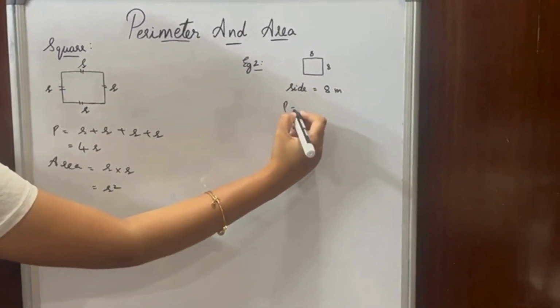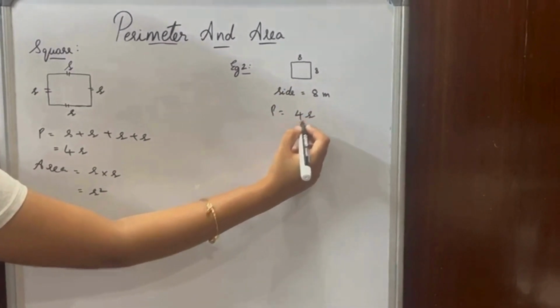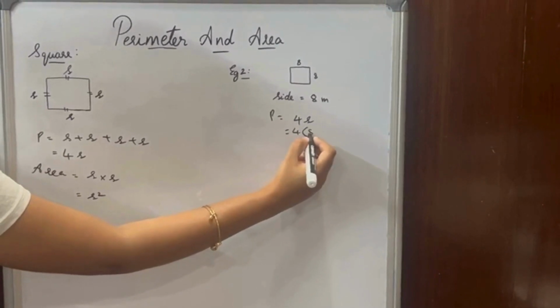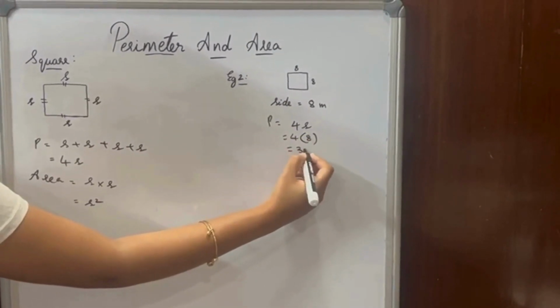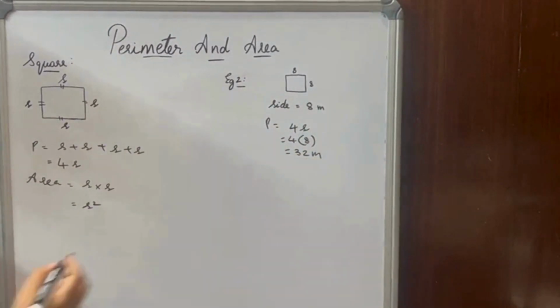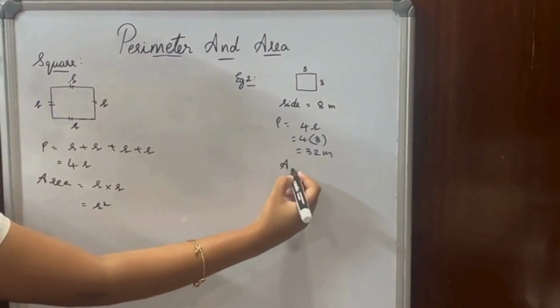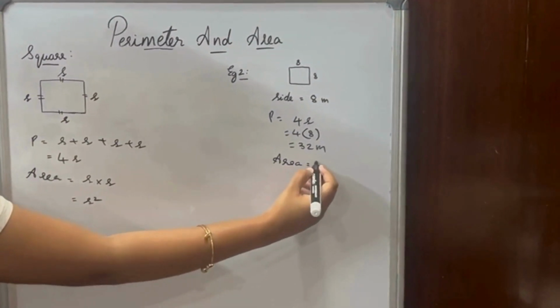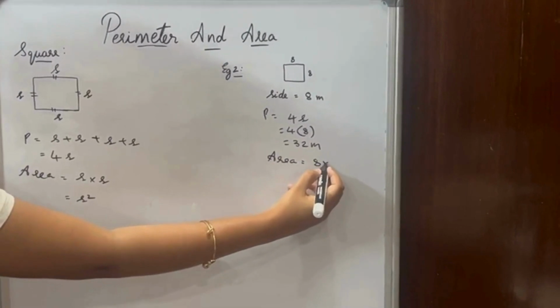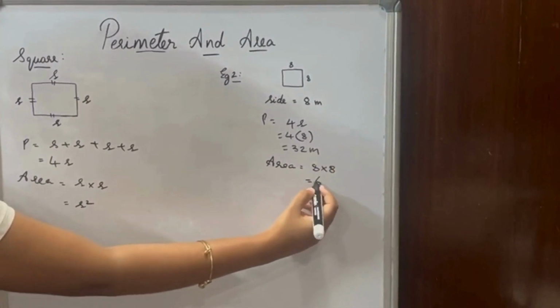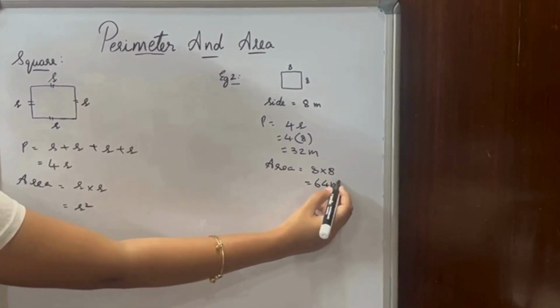Let us take an example. The side of the square is 8. The perimeter is 4 times 8, that is 32 meters. The area of the square is S into S, 8 into 8, that is 64 meters square.